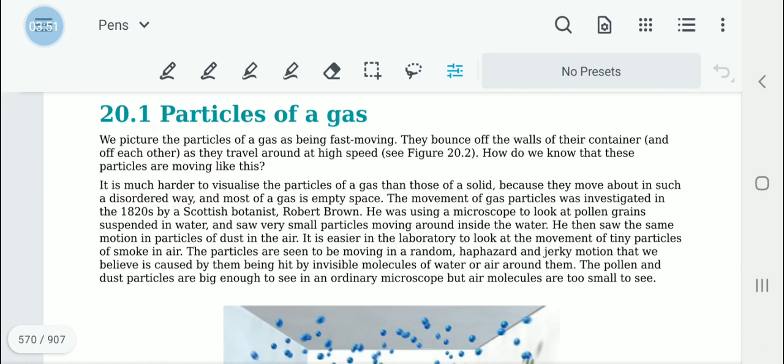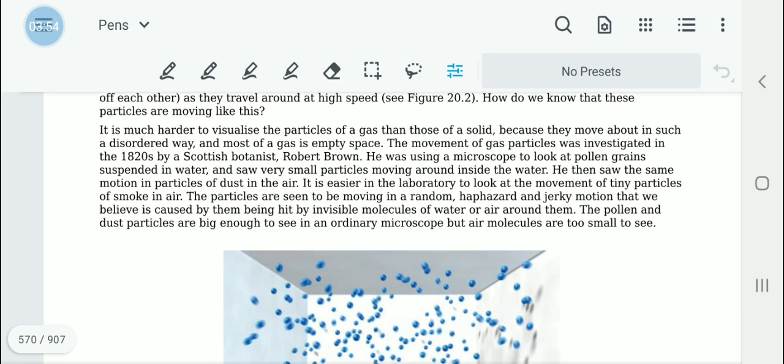Then they are not actually moving in an organized manner. They are moving about in a disordered way, right? And also most of the gas is empty space, right?